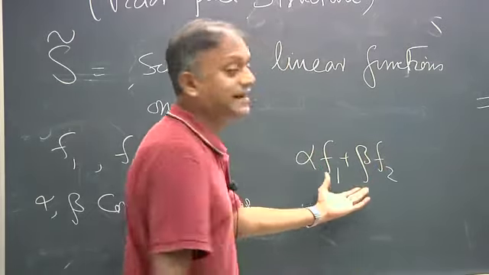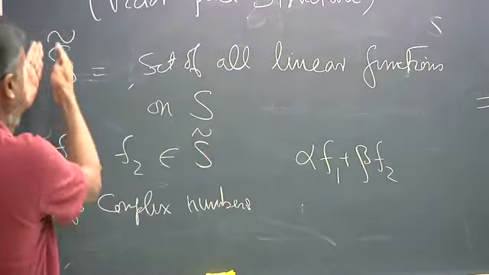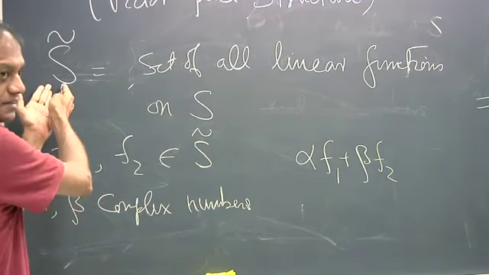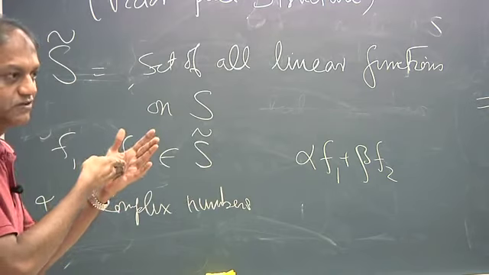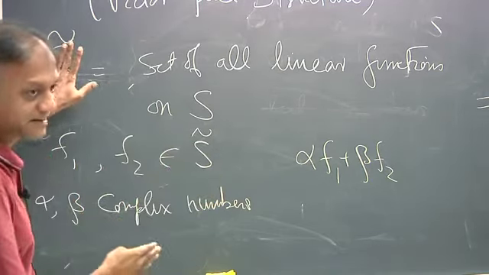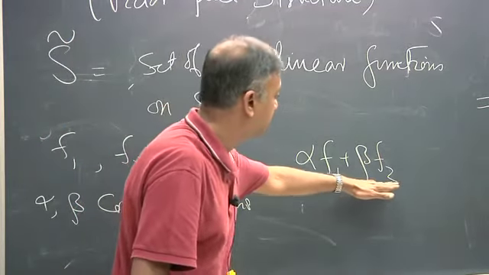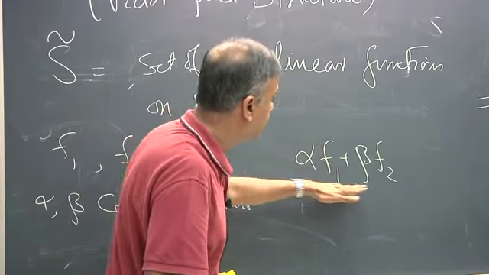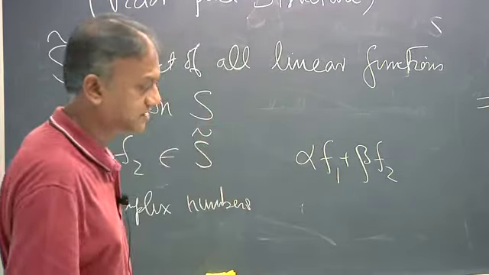This should be again another linear function, right? Because if we want to show that this is a vector space, that means there is an operation called addition which takes two elements and maps it to another element in the same set. So we want some definition of addition such that this is again a linear function.